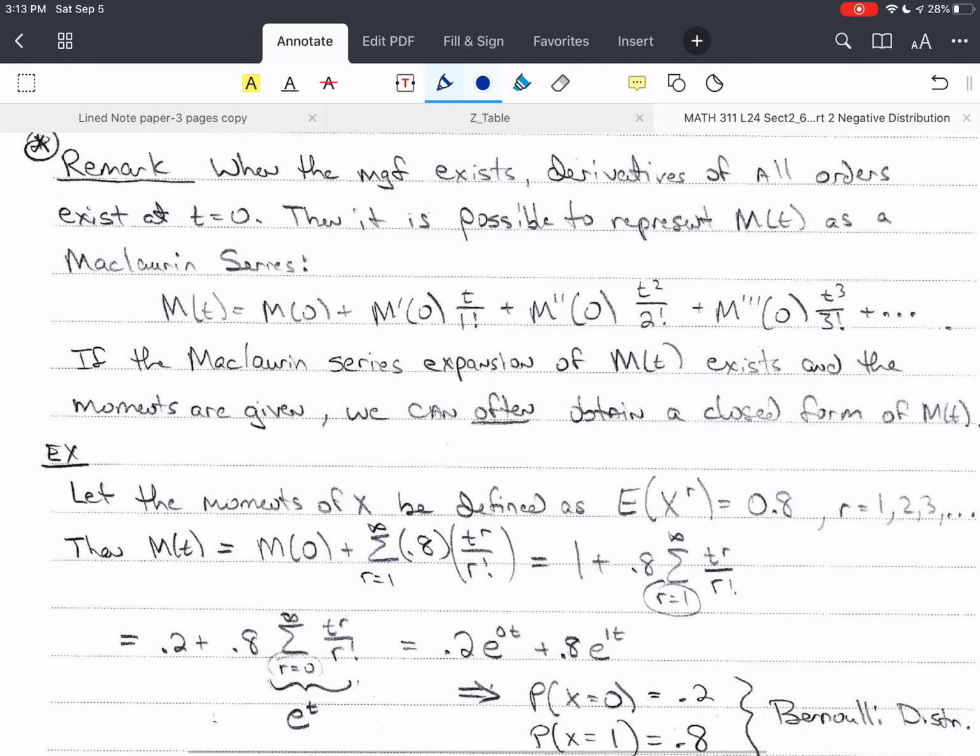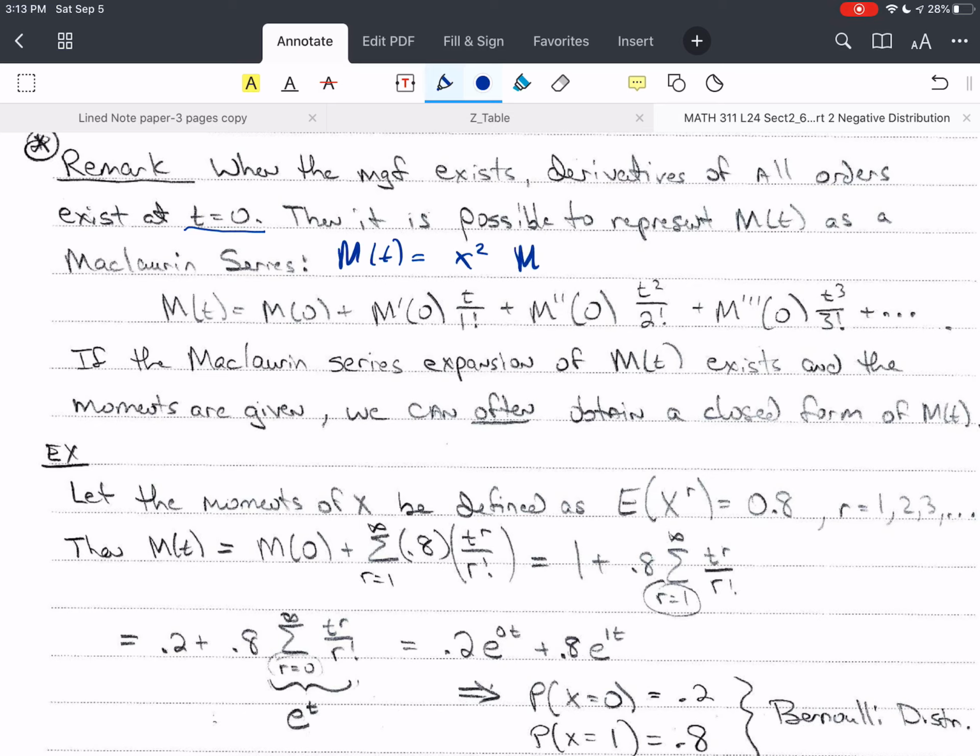Now, let's talk about this remark. When the moment generating function exists, the derivatives of all orders also exist at t equals 0. You say, well, if I have mgf, or M of t, is equal to x squared, well, I can only take two derivatives. That's not true.